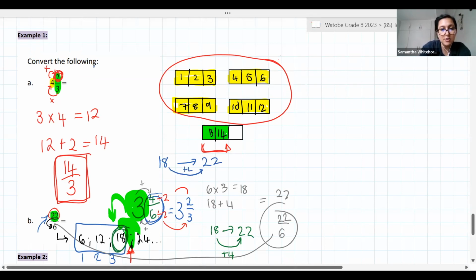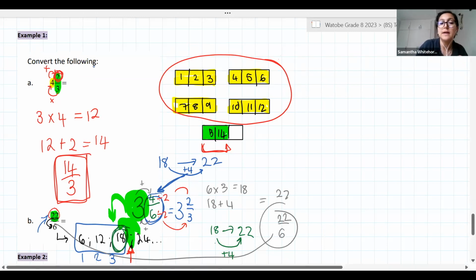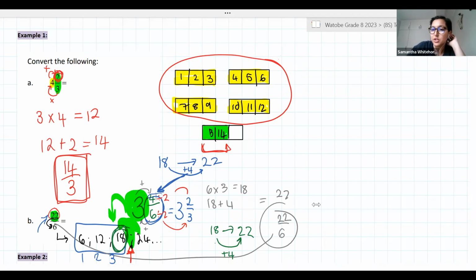Well, I need to add 4 parts, hence my fraction 4 over 6. So the 18 is telling me that I definitely have 3 whole 6s I can get into 22, but then I still need to figure out what my remainder is when I do that division. Okay, I'm hoping that makes sense.